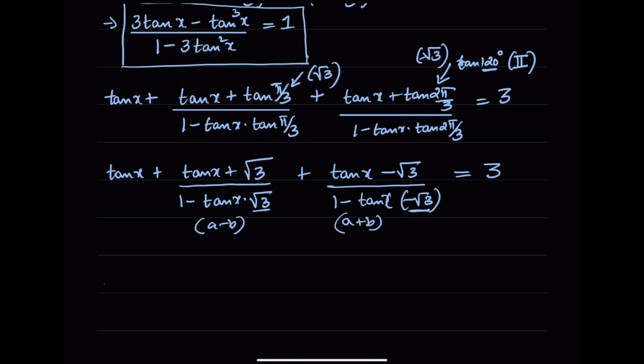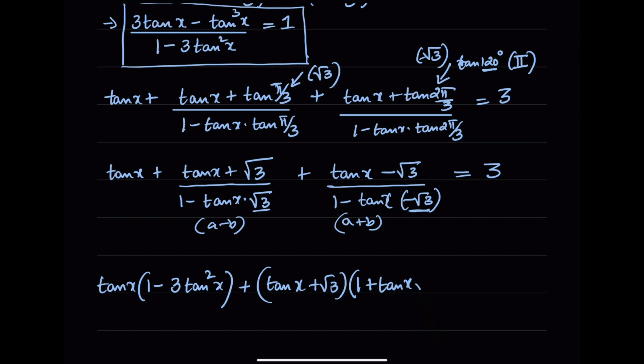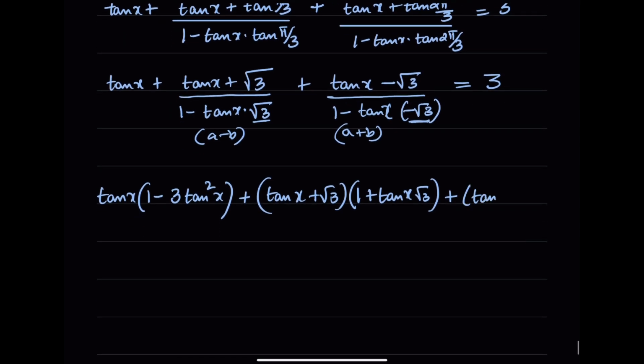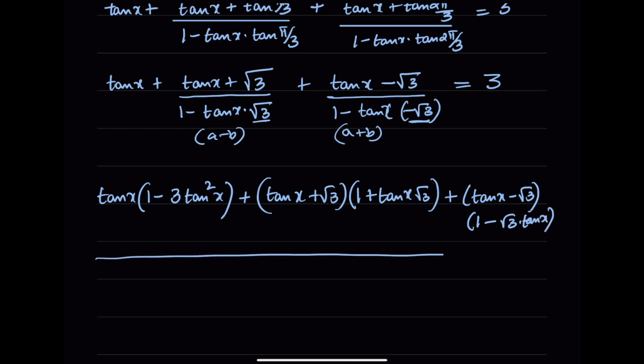So that would be our denominator, and this will be multiplied with a square minus b square. So let's write that now. So we would have tan x multiplied by 1 minus 3 tan square x plus tan x multiplied by tan x plus square root of 3 multiplied by 1 plus tan x square root of 3, plus the last part would be tan x minus square root of 3 multiplied by 1 minus square root of 3 tan x, and the entire denominator would change to 1 minus 3 tan square x, and this is equal to 3.